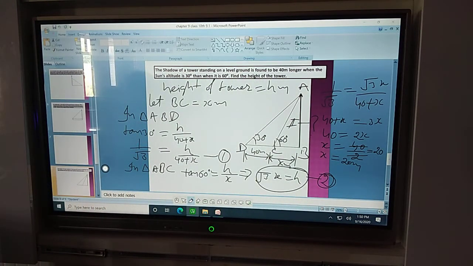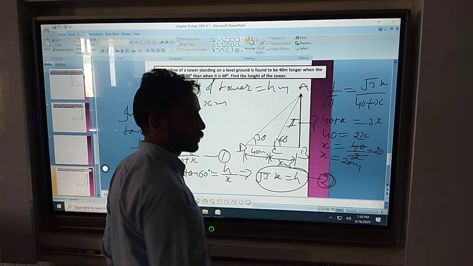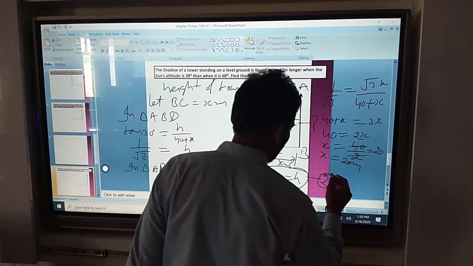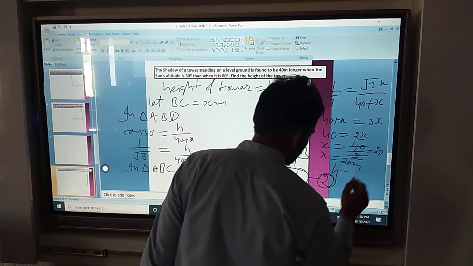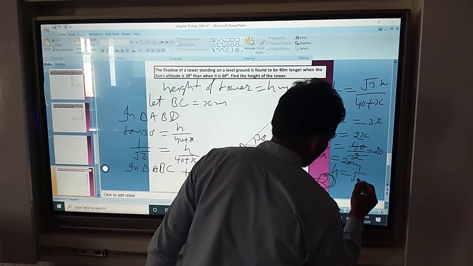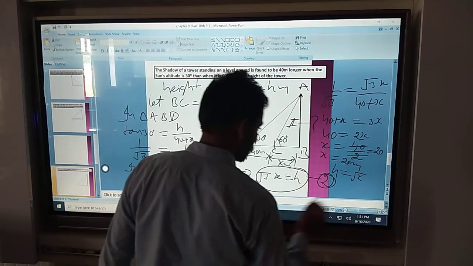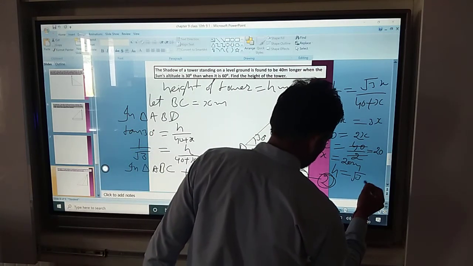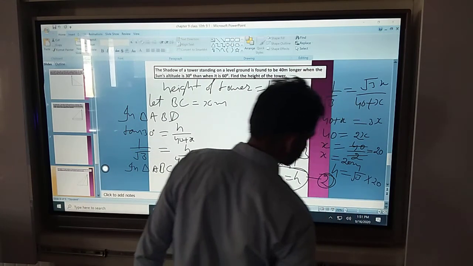Now put the value of x in equation 2. From here we can get the value of h, height of the chimney. The height of chimney is under root 3 times of x. x is 20.